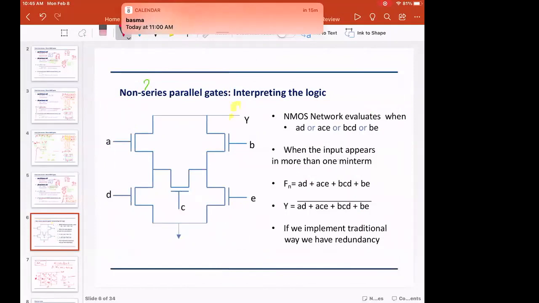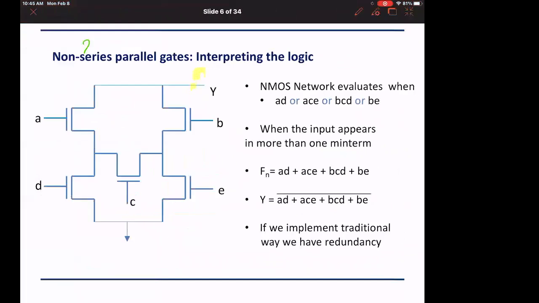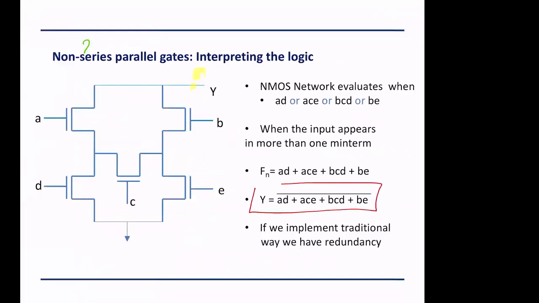Okay, so you have this circuit, you have this expression. Let us start with this expression here, okay? If I start from this expression here, Y equal AD or ACE or BCD or BE bar, how did we draw it? We said Y bar equal AD or ACE or BCD or BE.